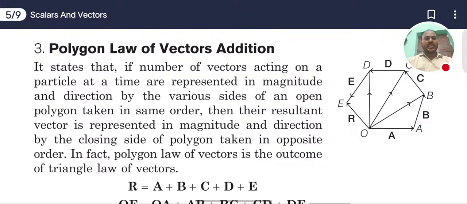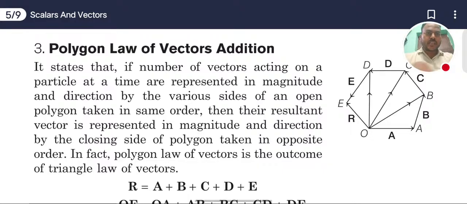Now here we can see the polygonal law of vector addition in the diagram. O is the origin point, and this O point is the initial point for every vector: vector R, vector A, vector B, vector C, vector D, also vector E. So for every vector, this O is the initial point.